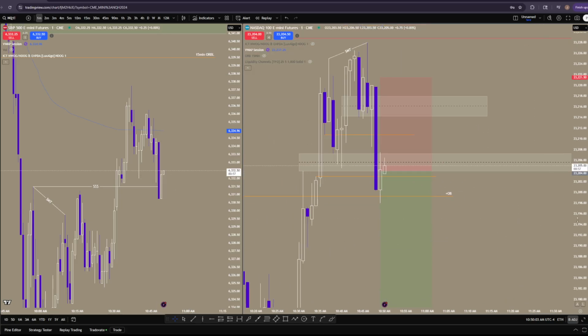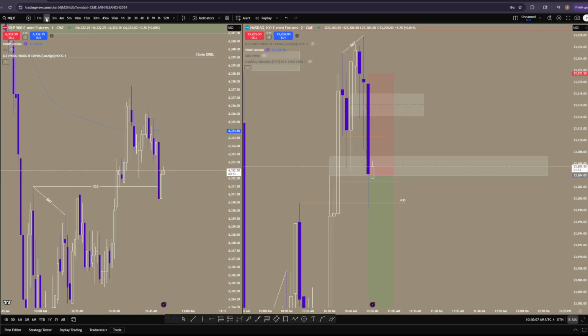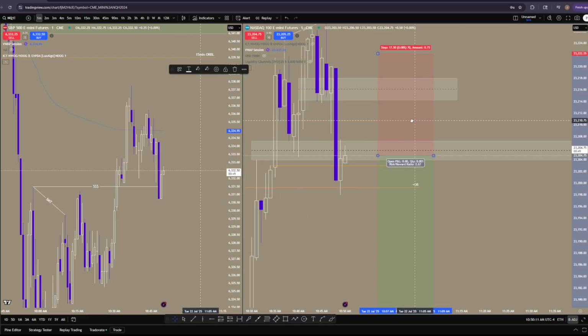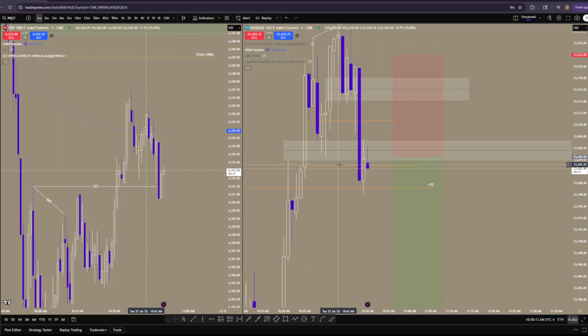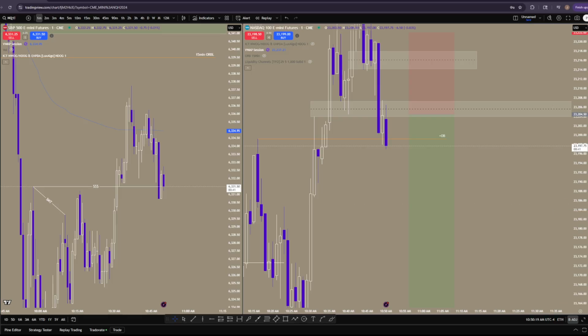Let's see what happens at this little 1 minute fair value gap. 2 minute did not inverse. Yeah, NQ is doing us dirty.